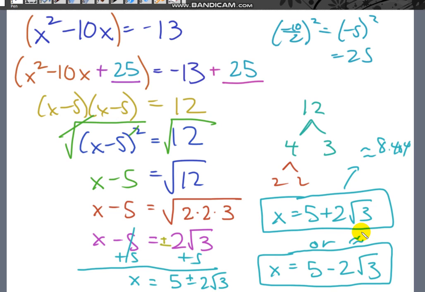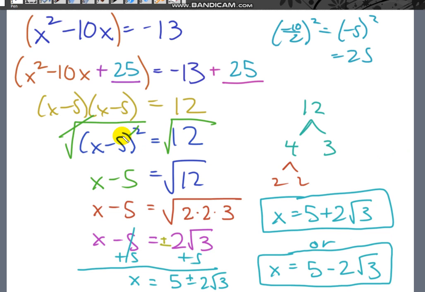And for this one, 2 square root of 3, and then 5 minus that, is going to be about 1.536. So if I actually had you simplify that, that is how you would do that. But if you want to just leave it in this radical form, that is completely fine.